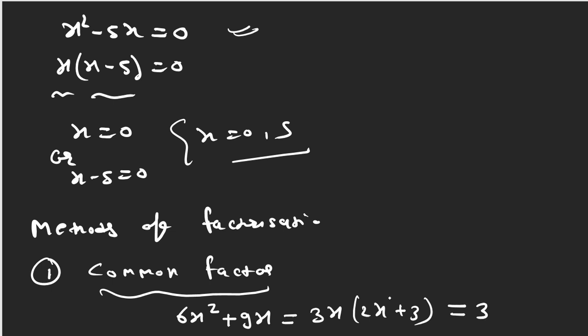Now when we solve this, either 3x is equal to 0, so x is equal to 0, or 2x plus 3 is equal to 0. In that case, x will be minus 3 by 2. So this is how we solve a quadratic equation by factorization. One more question we can take. The second type of factorization is called grouping.